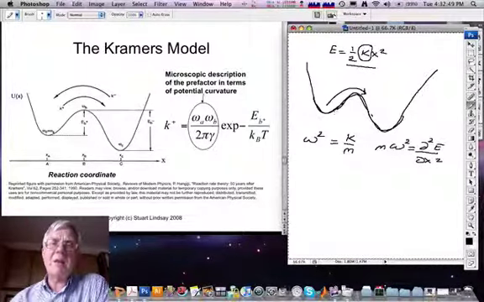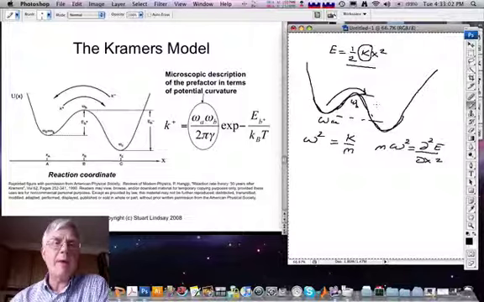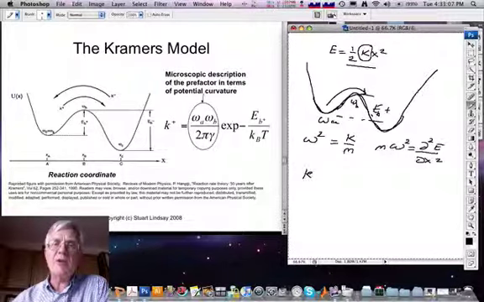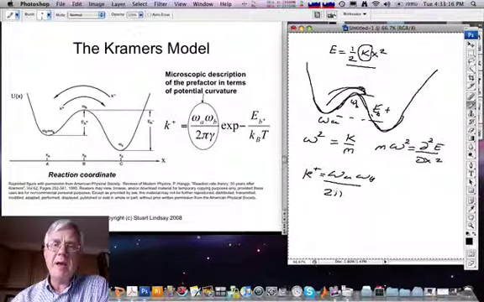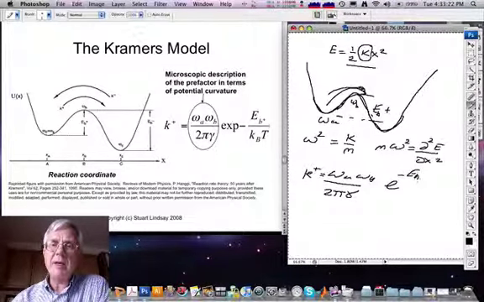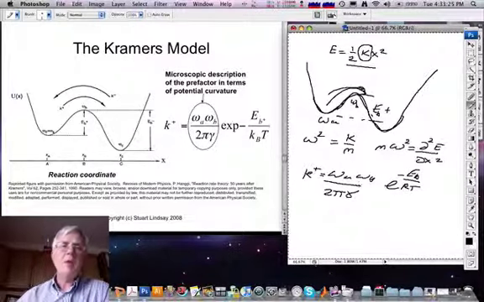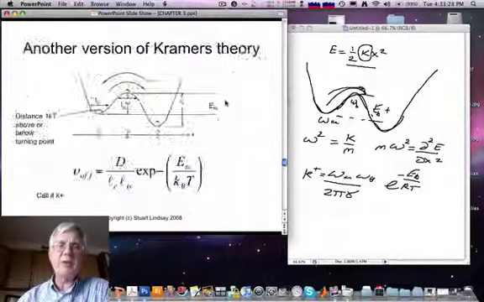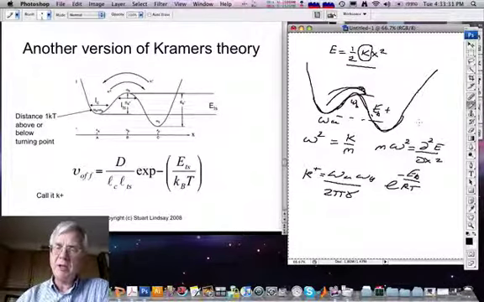So Kramers characterized these wells that way, and so the curvature here is omega A, the curvature here is omega B. These are the two curvatures that matter for this transition, and this energy barrier then he called E_B+, and the result was that the rate of transitions in this direction is given by k+ equals omega A omega B over 2 pi gamma, where gamma is a friction coefficient, times e to the minus E_B over kT. We will use a slightly different version of this result when we discuss force spectroscopy measurements.